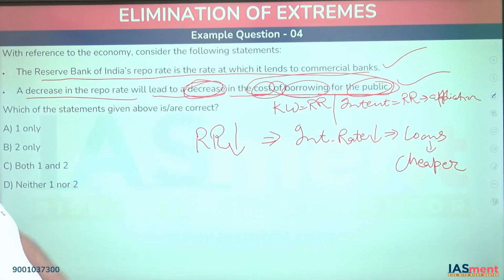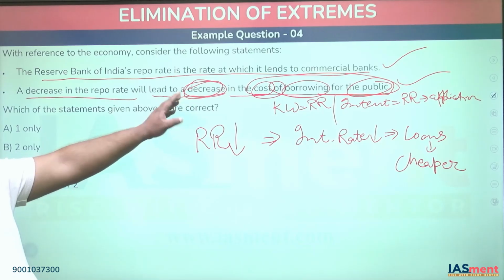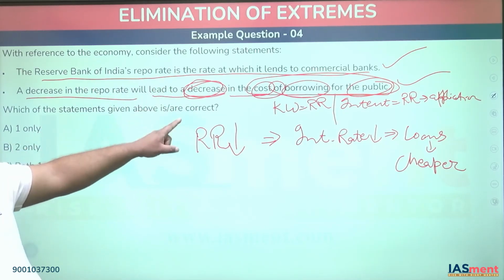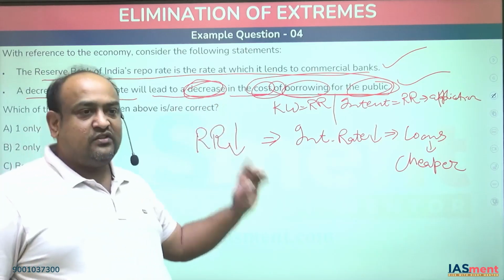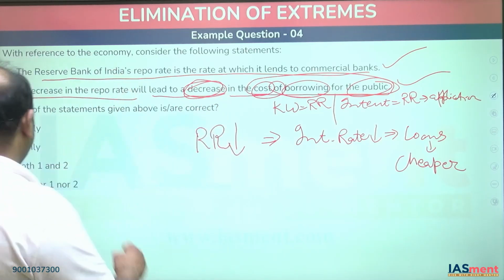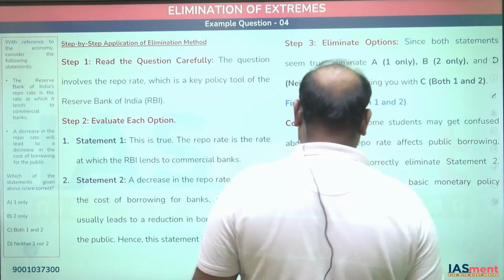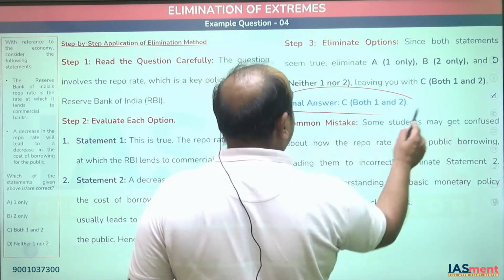So here what we did, we applied our knowledge. What we learnt about repo rate, we applied that. So this option is also correct. According to me, the answer should be C. Let's see the final answers.